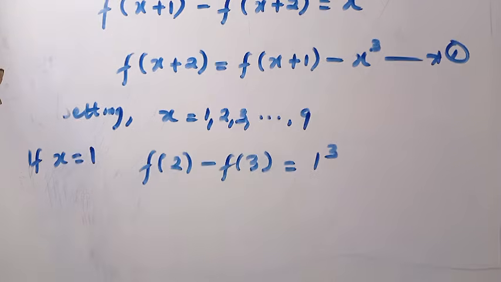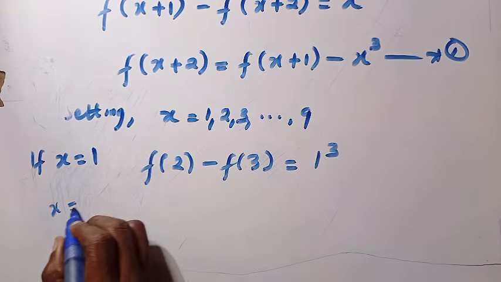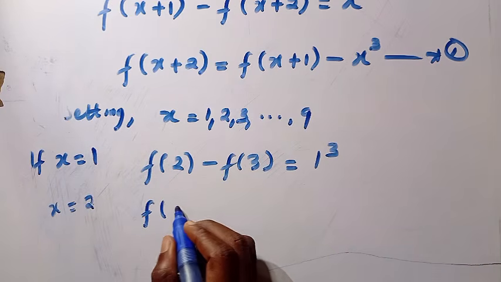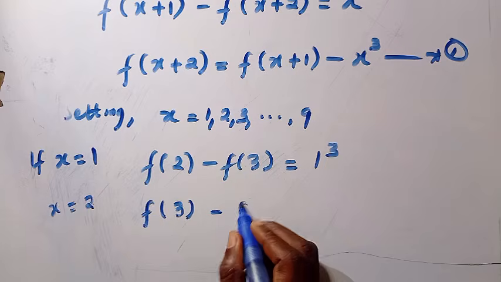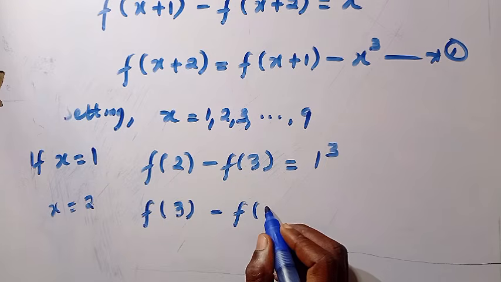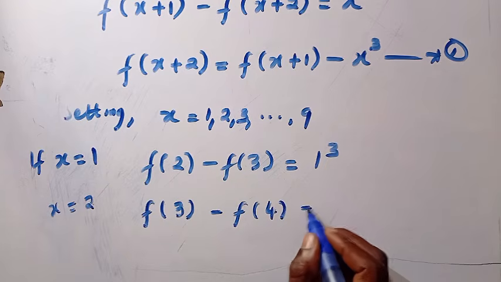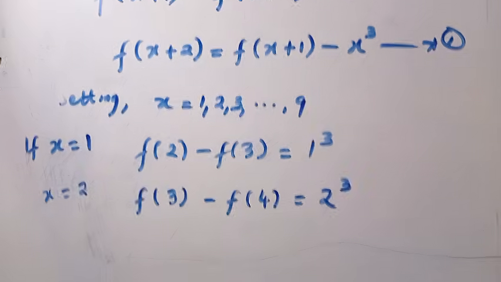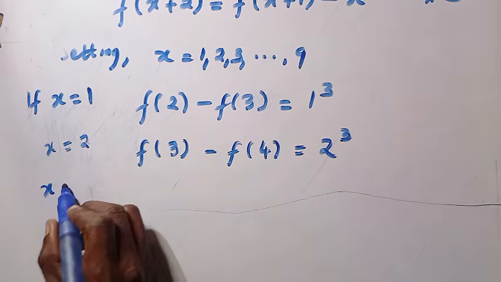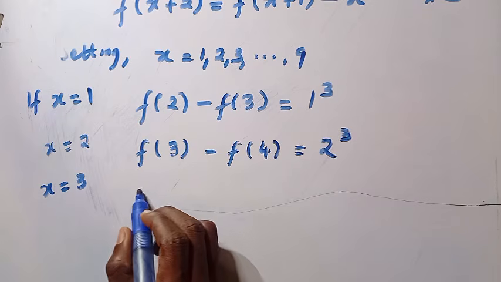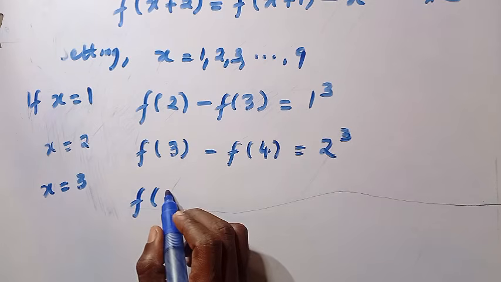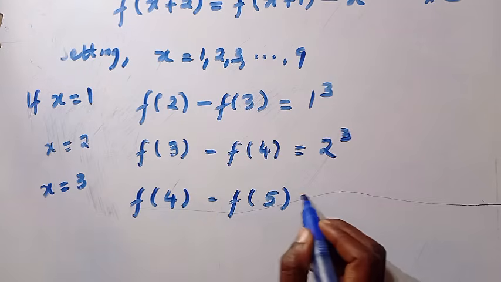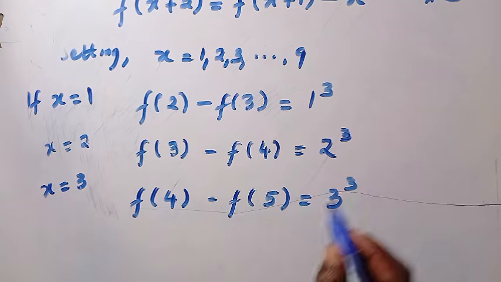And again, if I have x equals 2, this is f(2+1), that is f(3), minus f(2+2), that is f(4), equals 2 to the power of 3. If x equals 3, we get f(4) minus f(5) equals 3 raised to the power of 3.